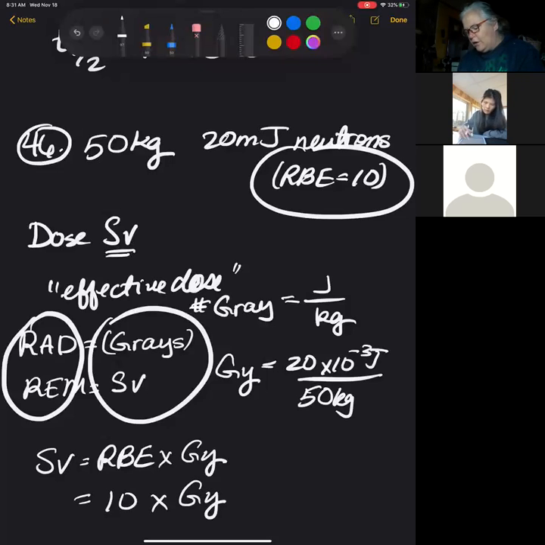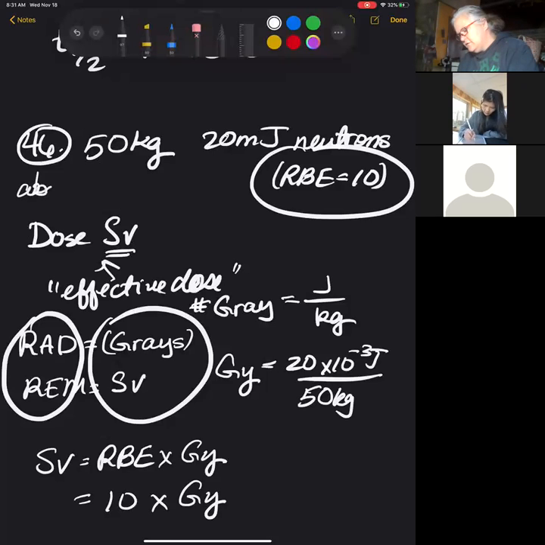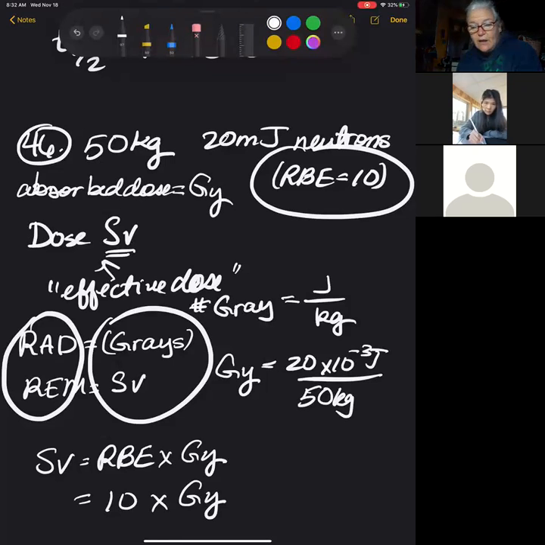So if it asks for the absorbed dose, that's grays. This is the effective dose. Absorbed dose is grays. Effective dose is sieverts and MKS.